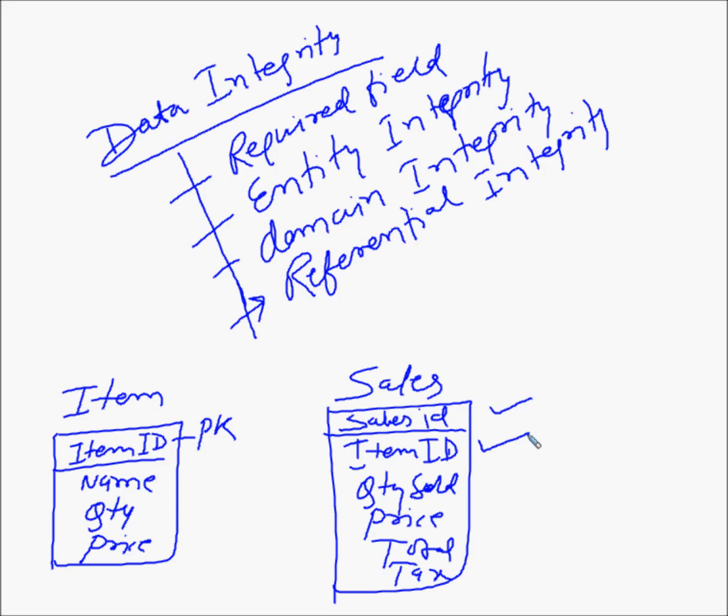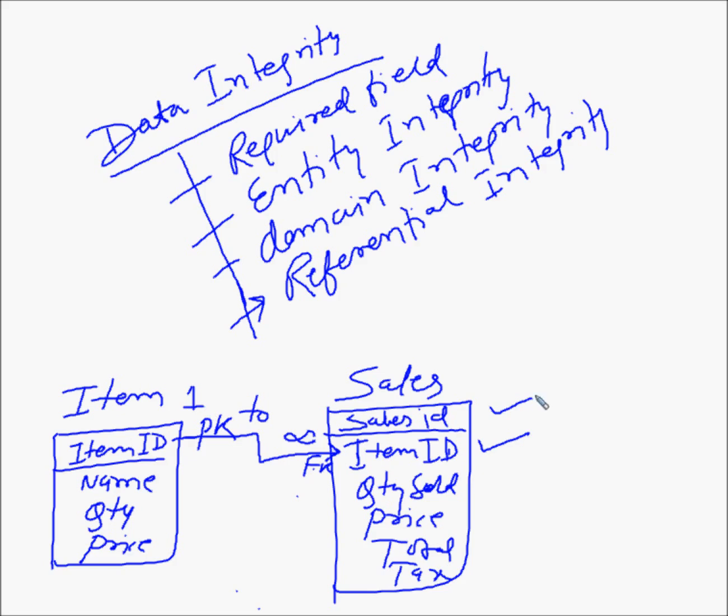So here we can say from here to here I can establish a relationship. So here I can make a foreign key. So item ID here is what? It's a foreign key. So if I have one record here, I can enter many records here. So this is a one to many relationship.